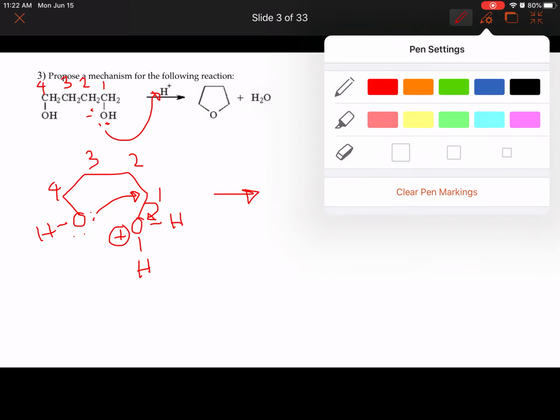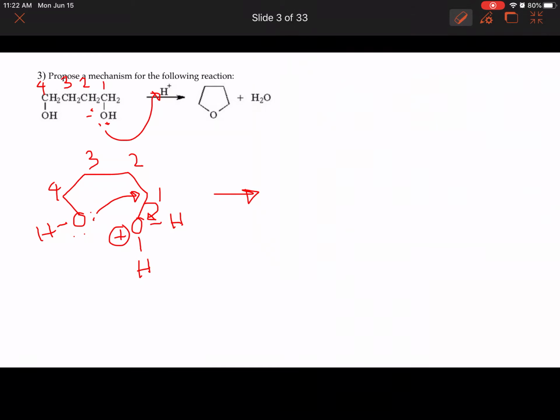Let me redraw it a bit nicer like this. And then oxygen right there. Now the water molecule left, and the oxygen is still carrying the hydrogen.